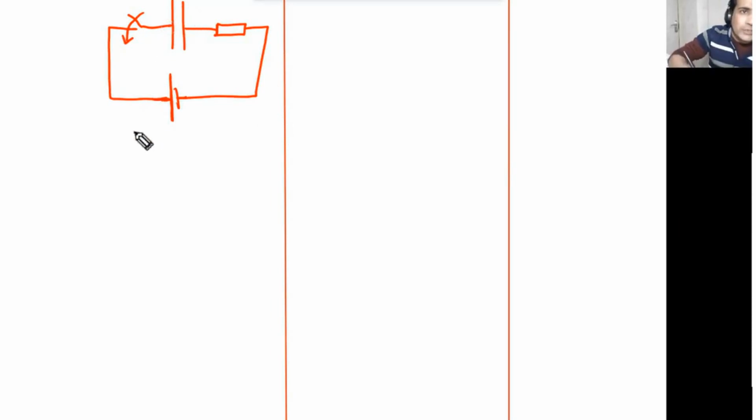No net charge simply means it has the same number of protons and electrons. As soon as we close the switch, electrons will leave this plate and be attracted towards the positive terminal, and from the negative terminal the charge will go on this plate. So with time this plate becomes more positive, since it is connected with the positive terminal, and this side becomes more negative.